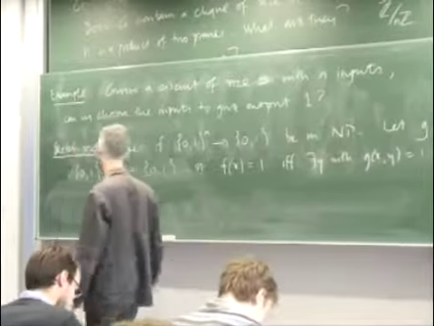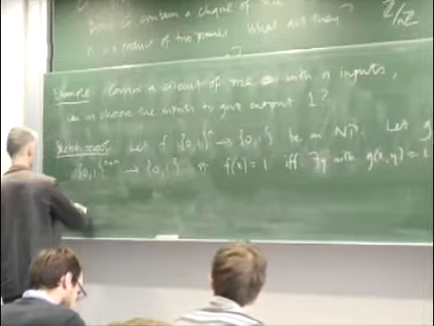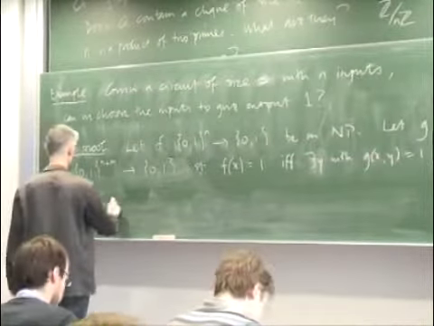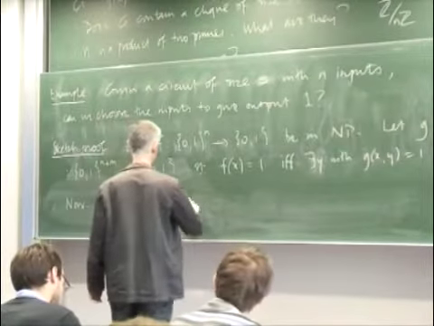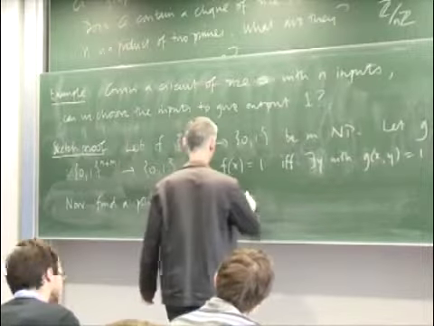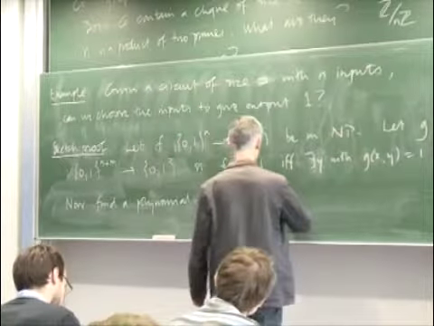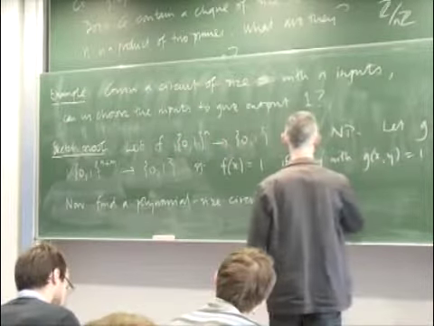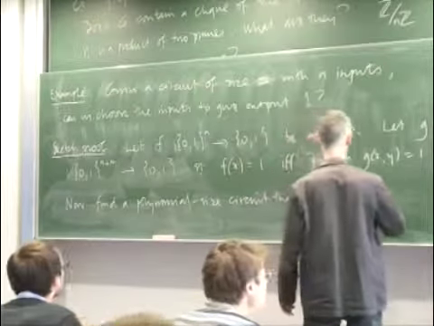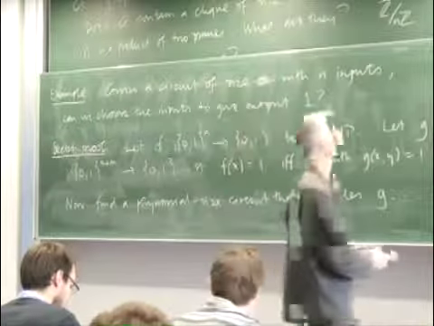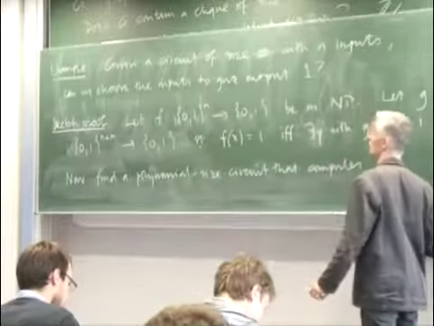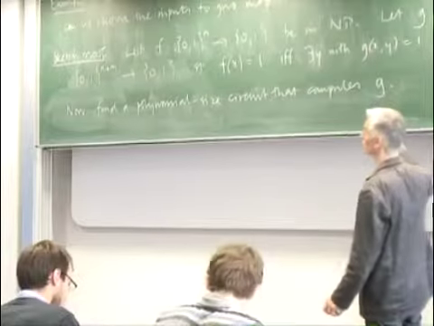Now, there is a polynomial size circuit that computes g. So let's just draw a picture of what we've got now.